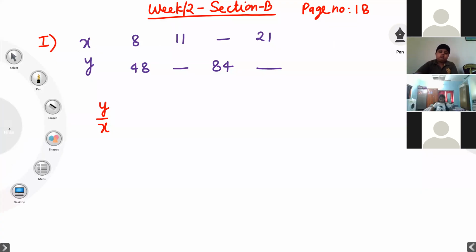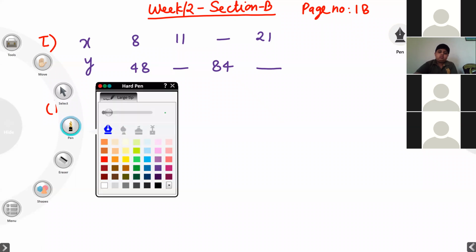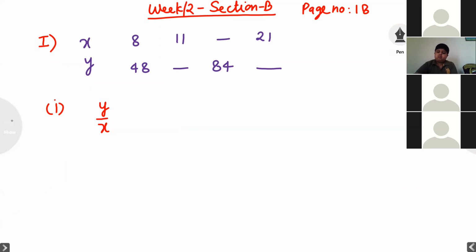Just now I have explained, if I am talking about variation, I want to apply the Y by X concept. First condition, Y by X. What is the value of Y? I am taking this first one. What is the value of Y? 48. What is the value of X? 8. 48 divided by 8 is equal to 6. First case we are getting 6.